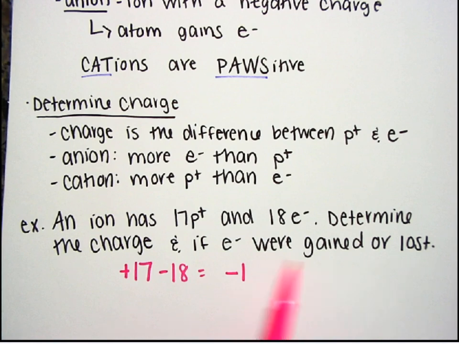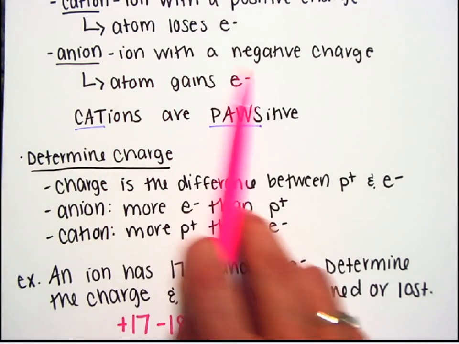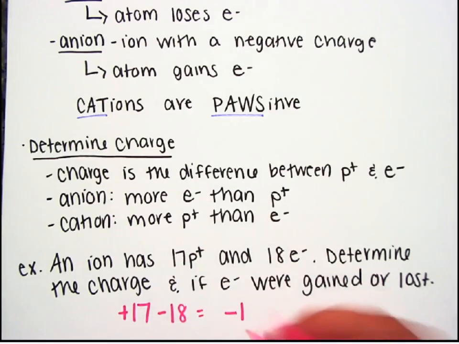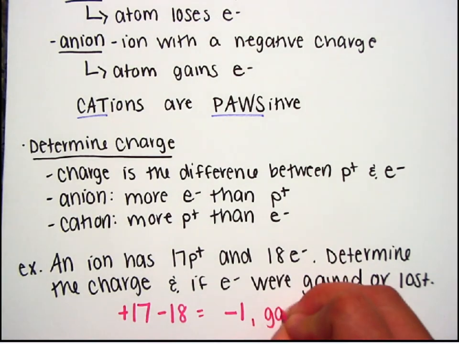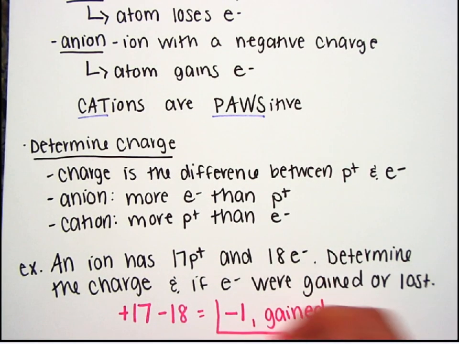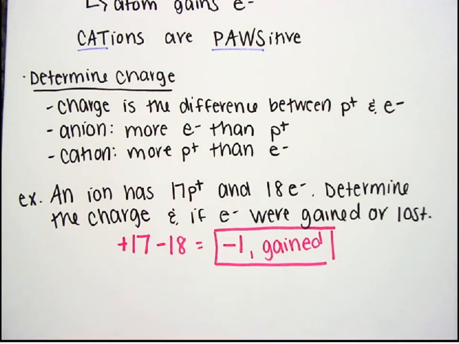Next, were electrons gained or lost? Two ways you can figure this out. You can memorize it, which I don't recommend. If it is a negatively charged ion, like -1, the atom gains electrons. The other way we could do this is just think about this logically. As an ion, it has 17 protons and 18 electrons.